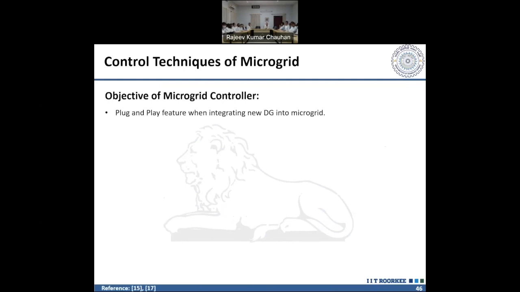Next, after the planning, we have the different control strategies which we have to use mainly to control the voltage and frequency.